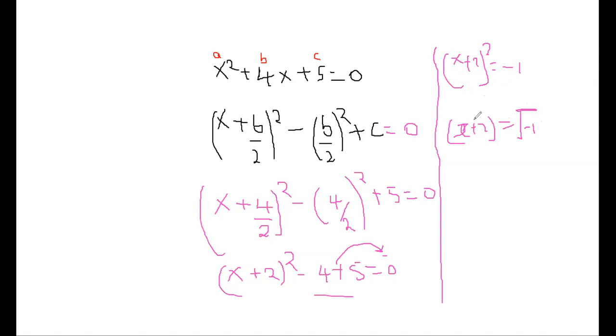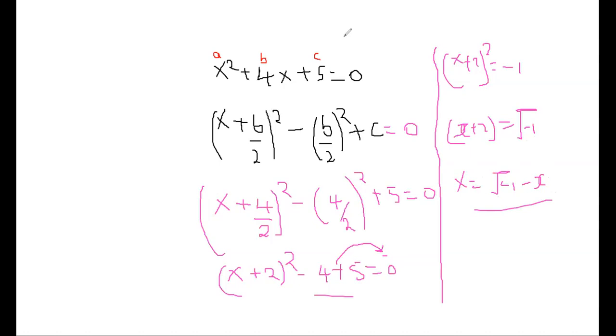By doing that, we have x plus 2 equal to the square root of minus 1. And now your x will be the square root of minus 1 minus 2. That's what you're going to have as the values of x using this example.